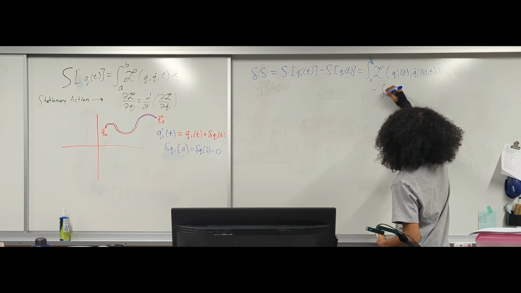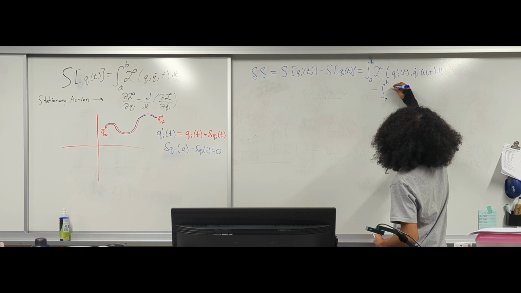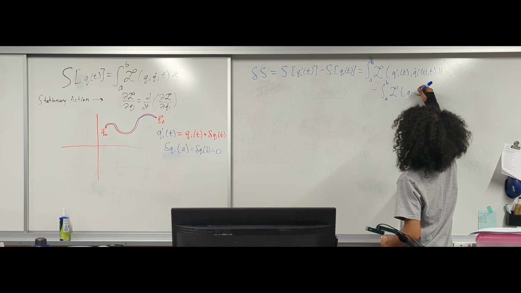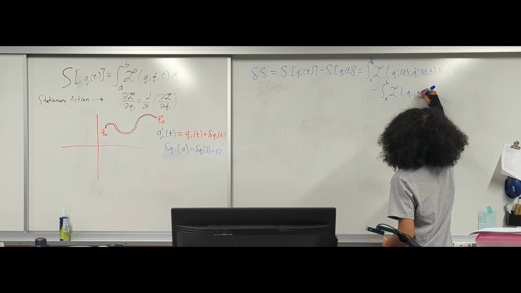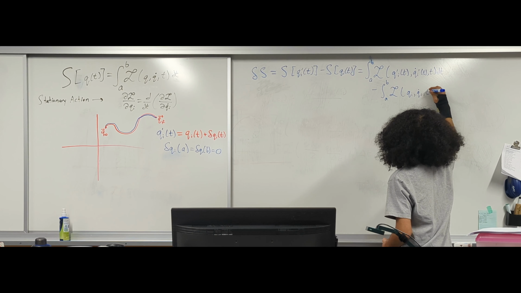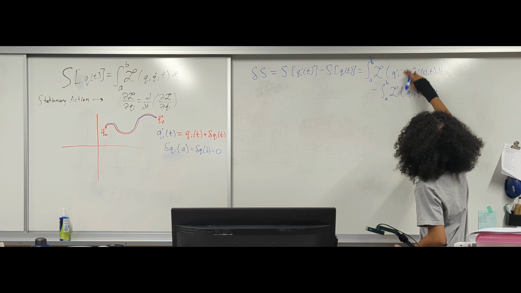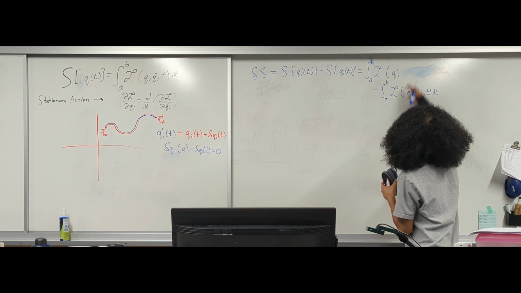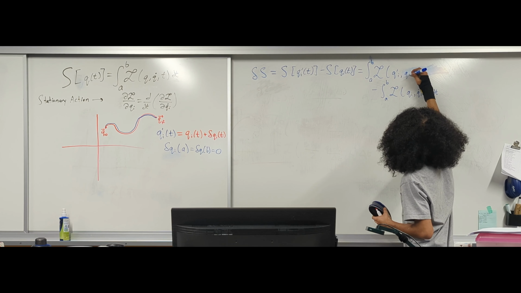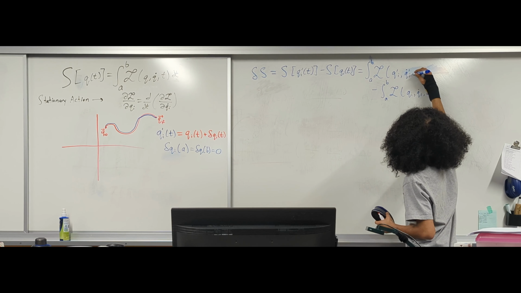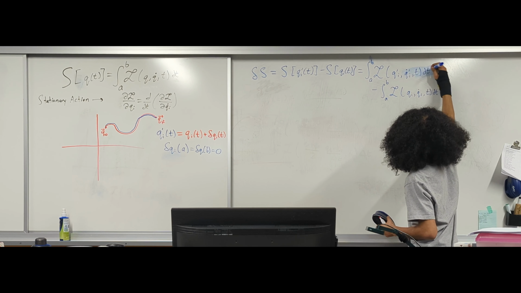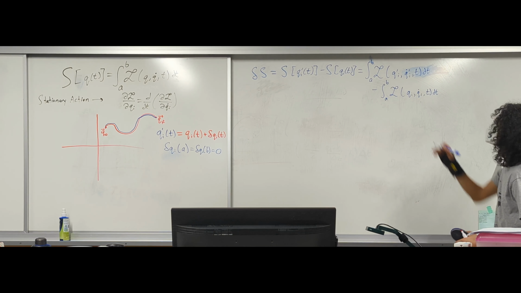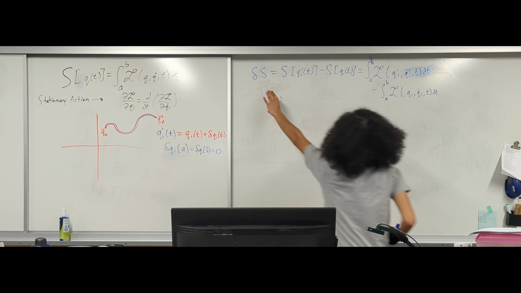And then we're going to subtract this integral, with the original q_i and q_i dot, integrated over dt. So this is the new action minus the old action, and that gives us our variation in the action.